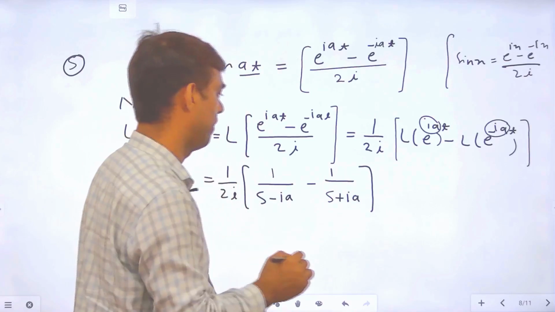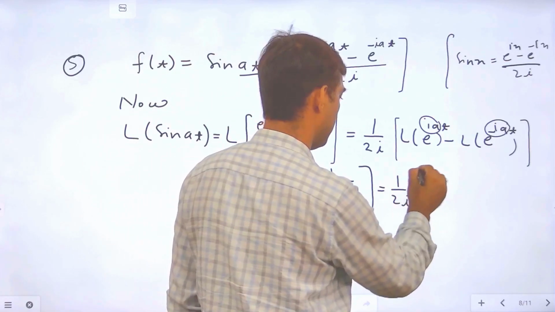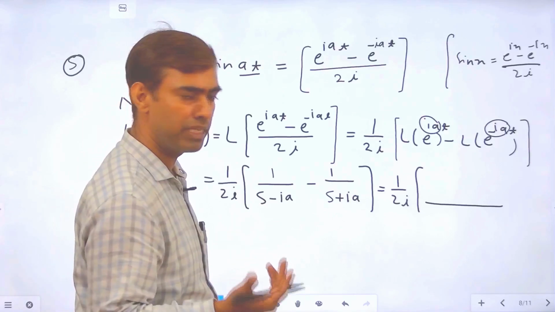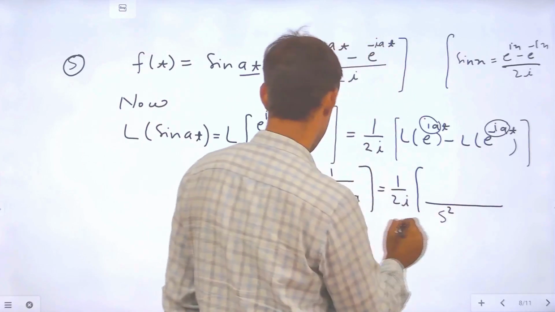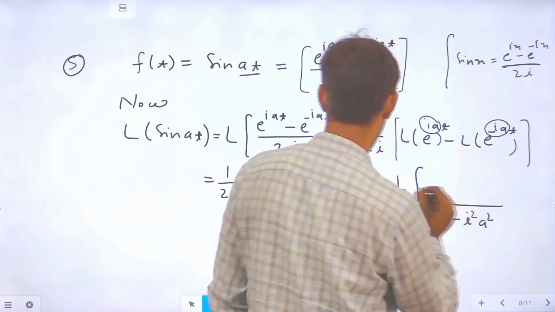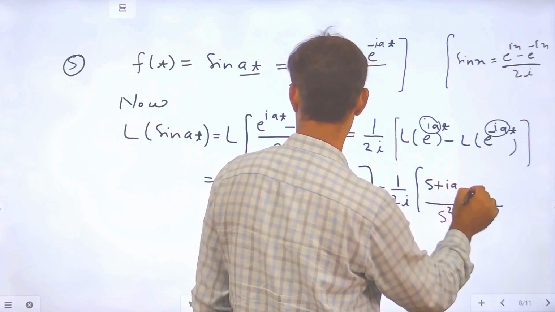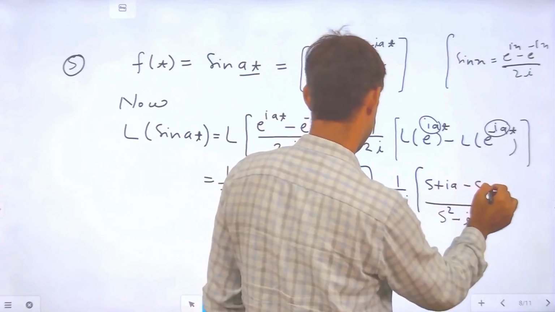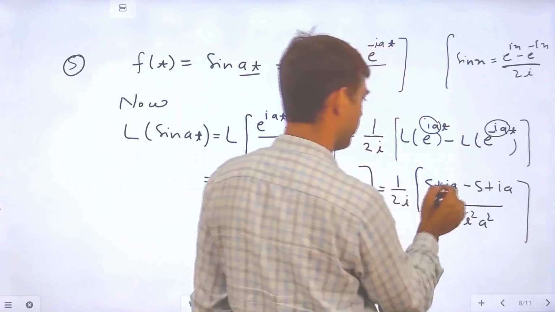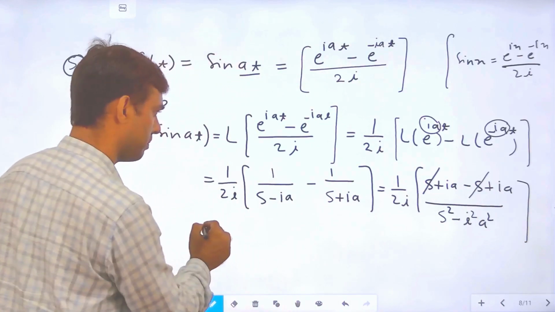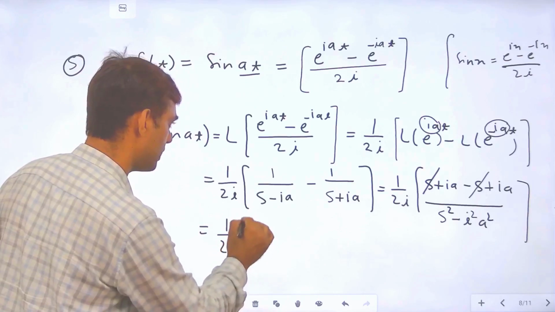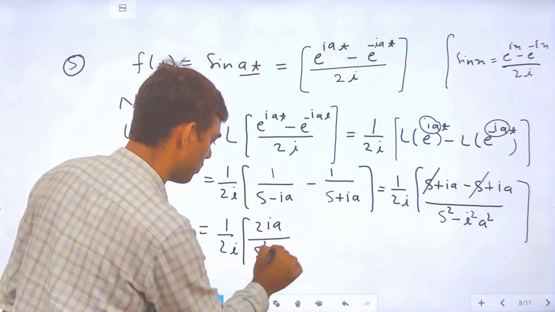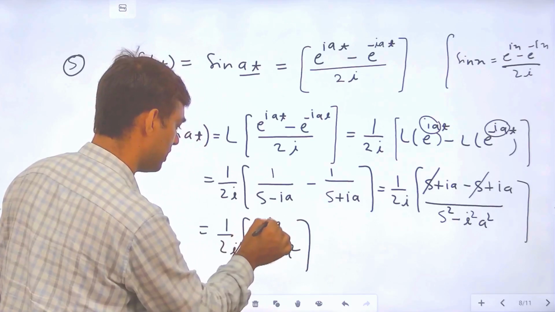If we simplify this result, it becomes 1 upon 2i, and the denominator becomes (s minus ia)(s plus ia). Using a square minus b square equals (a plus b)(a minus b), this becomes s square minus i square a square, and the numerator becomes s plus ia minus s plus ia. So s and s cancel out, and this becomes 1 upon 2i, with the numerator 2ia and the denominator s square plus a square, since i square becomes minus 1. The i cancels out, 2 and 2 cancel out.